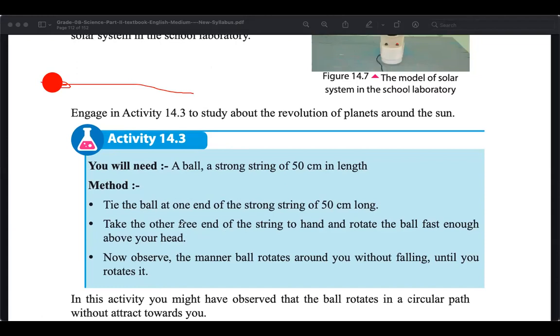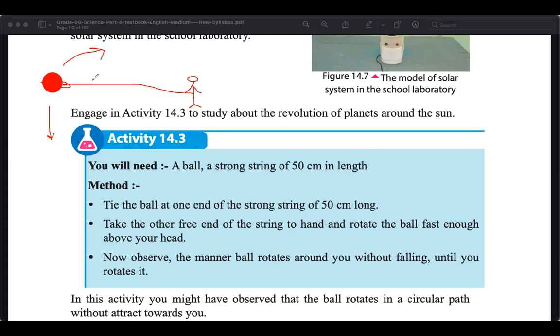And then what you need to do is take the other free end and rotate the ball fast enough above your head. This is you, and you take one side and rotate it around your head. Normally the ball should fall down because gravity is there.